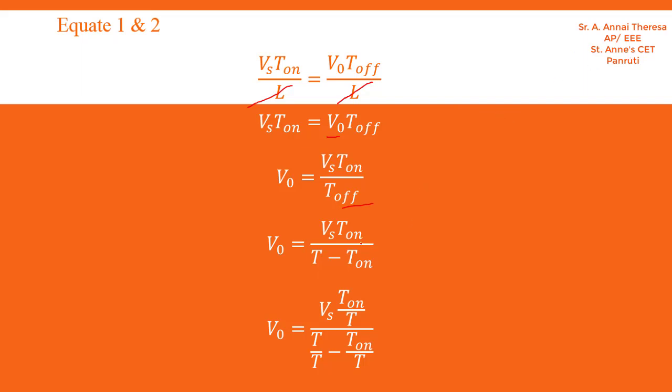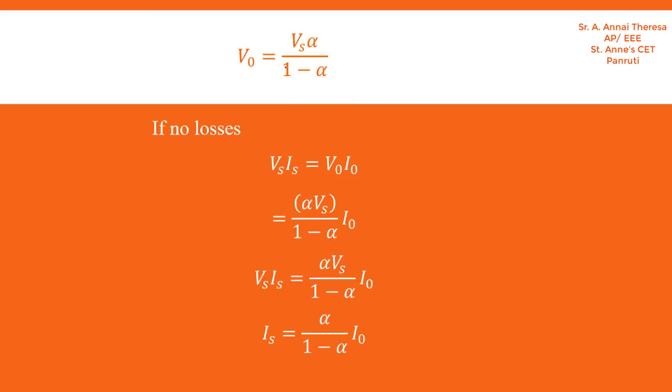Now we can divide all the terms by T. So V naught is equal to Vs into T on by T divided by T by T minus T on by T. This T on by T is equal to alpha. So V naught is Vs into alpha divided by 1 minus alpha.